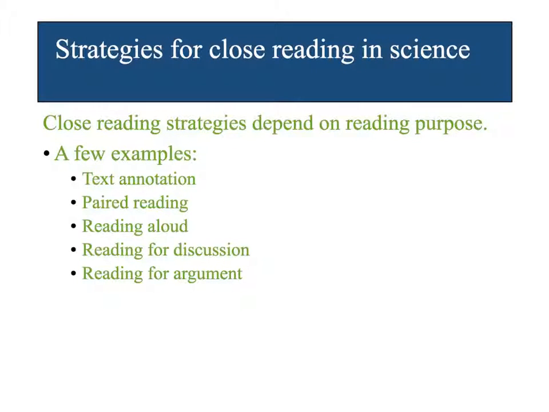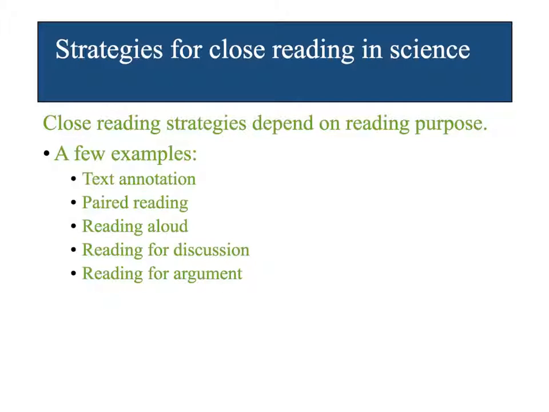So there's a bunch of different strategies for close reading in science. So a few examples might be text annotation, might be paired reading, might be reading aloud as a whole class or taking turns reading. It might be reading silently for discussion. It might be reading silently to prepare an argument or any combination within. And it depends upon the purpose. For some things, students are reading to prepare for their final project.